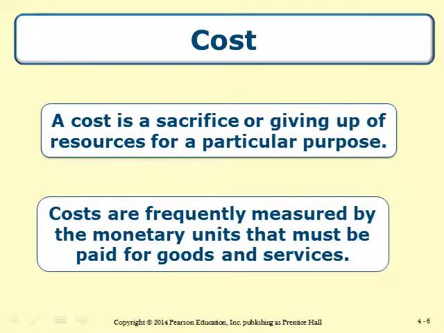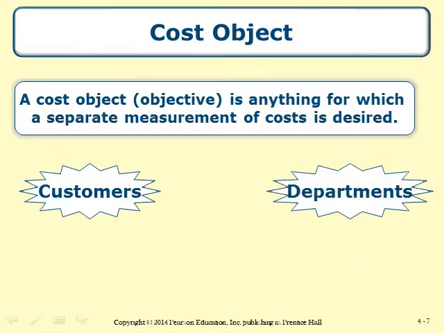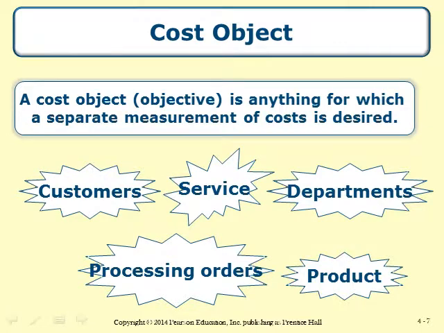So when we think about a cost, we think about them as being a sacrifice or giving up of some resources for a particular purpose. And these particular purposes may be customers, service, departments, processing orders, or for the product, right?